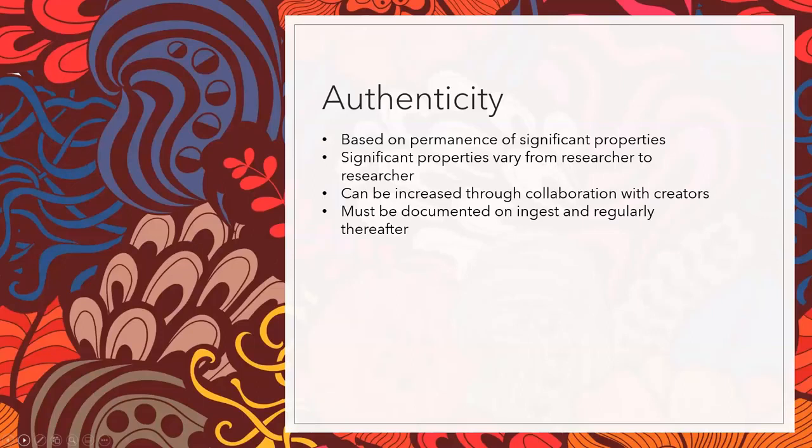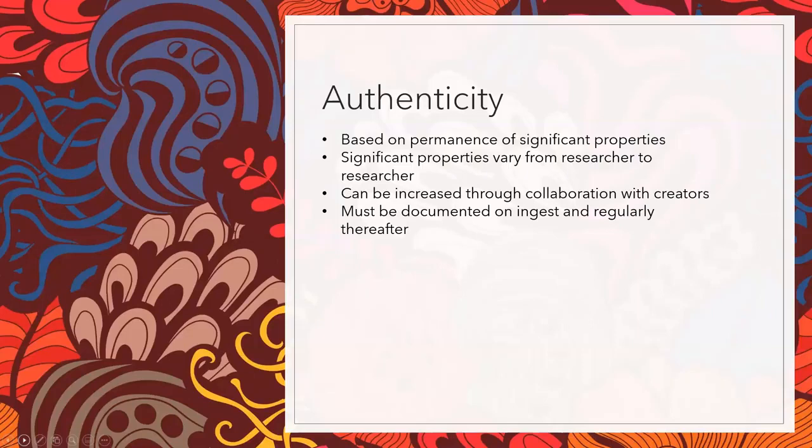So a good thing to keep in mind is that authenticity can change over time. This could result from things like migration to a different file format. It can change due to the bits and bytes that make up a record decaying over time, just naturally.